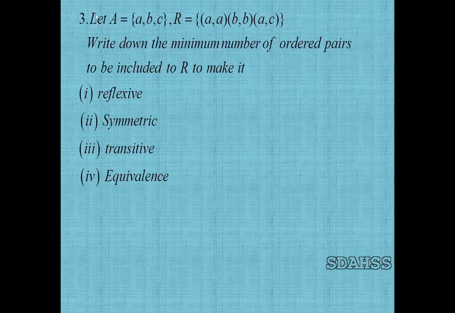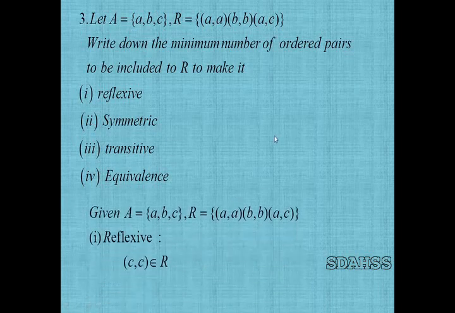Third sum: let A is equal to the set {a, b, c}, R is equal to the set of all (a, a), (b, b), (a, c). Write down the minimum number of ordered pairs to be included to make R reflexive, symmetric, transitive, and an equivalence relation.